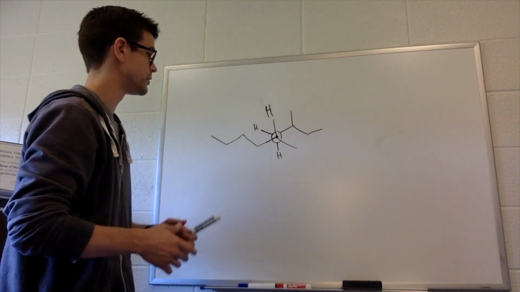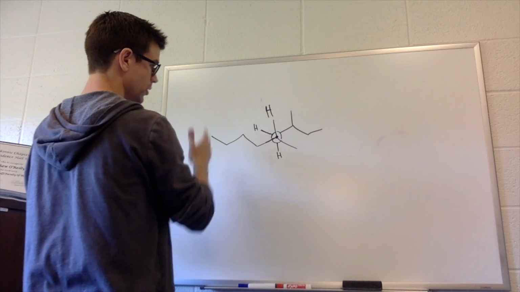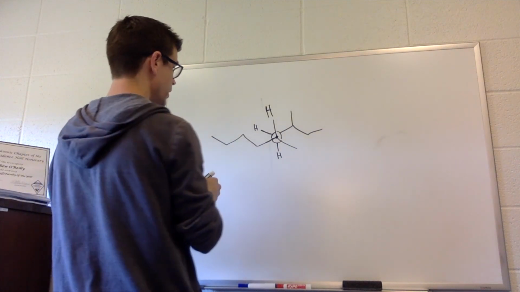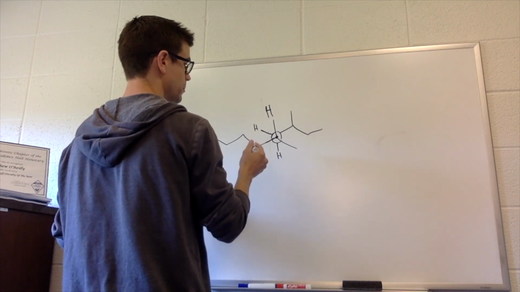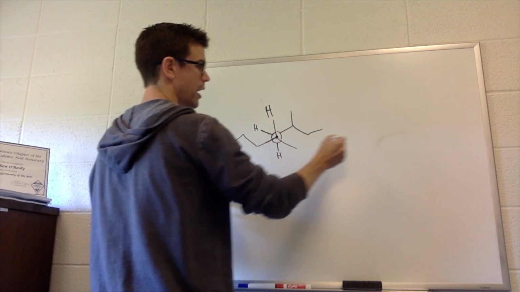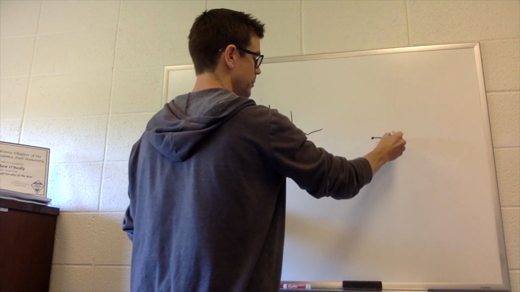All right, so let's do this. What I'm going to do is pretend like I'm just looking at this like I would be with a model. If I was looking at this with a model and I was trying to convert into a skeletal structure, we know that this carbon and the carbon behind it are connected by a bond. So we can draw those 2 carbon atoms there.